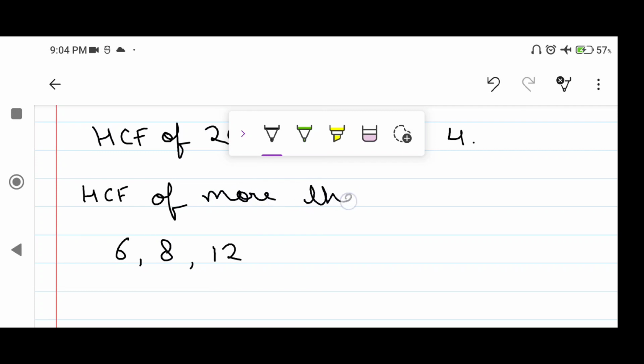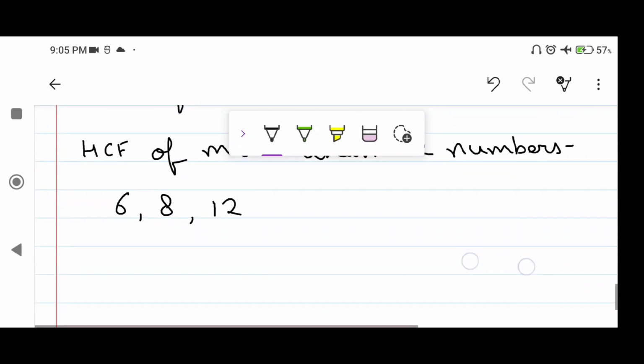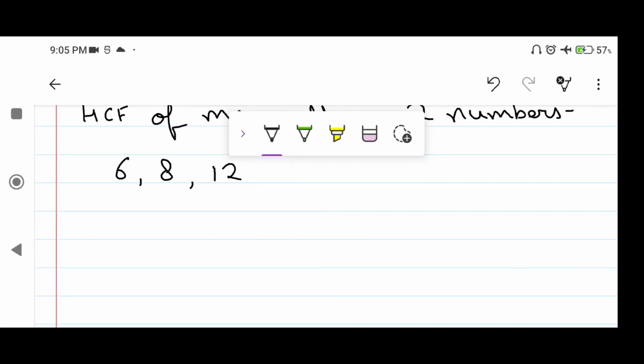HCF of more than two numbers. They can be any numbers. They can be 3 numbers, 4 numbers, 5 numbers. The process will remain the same. So how can we find them? We have taken 3 numbers, 6, 8 and 12.